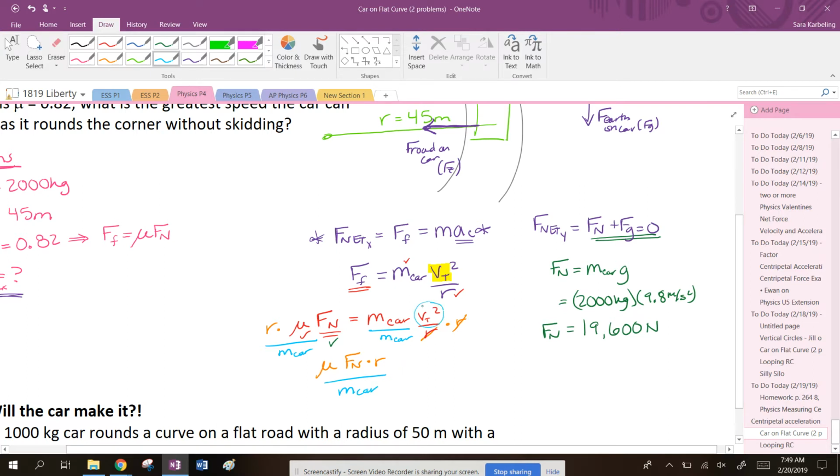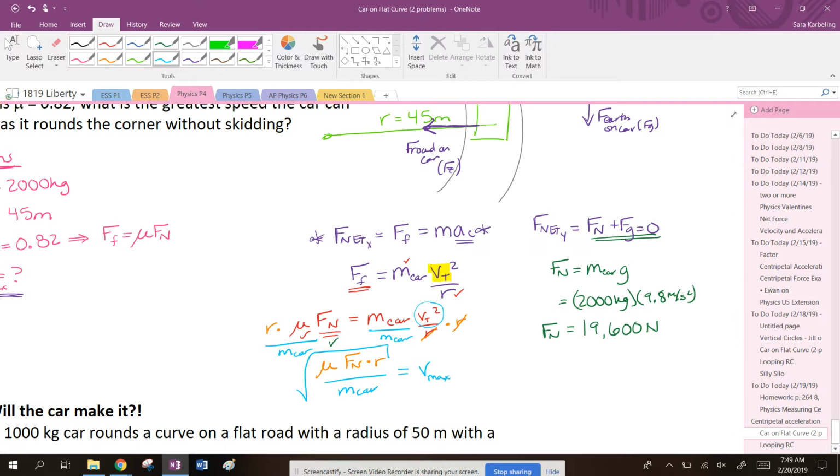And that leaves me with Vt squared. I want to undo the squared. To undo a squared, what do we do? Take the square root. It's kind of an ugly expression that I've written there, but that is how we're going to find the maximum velocity that we can move at.